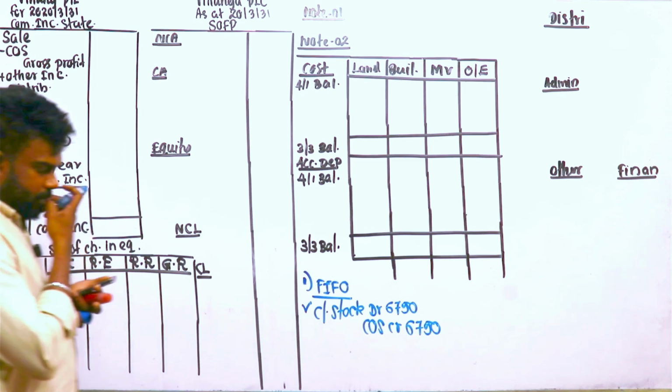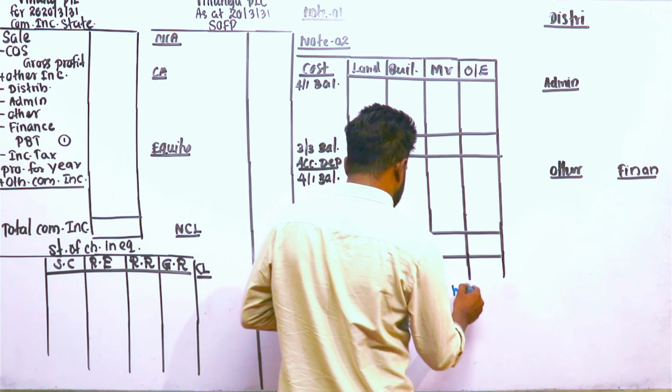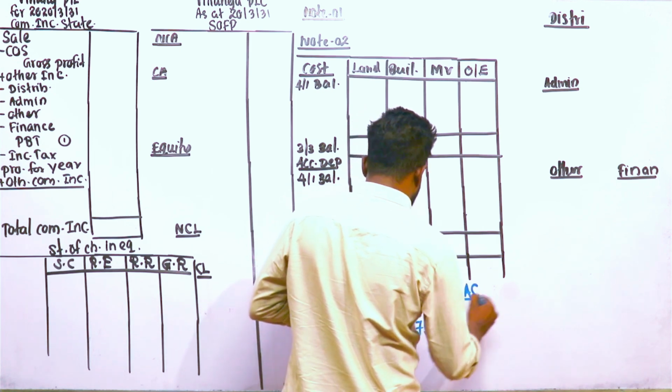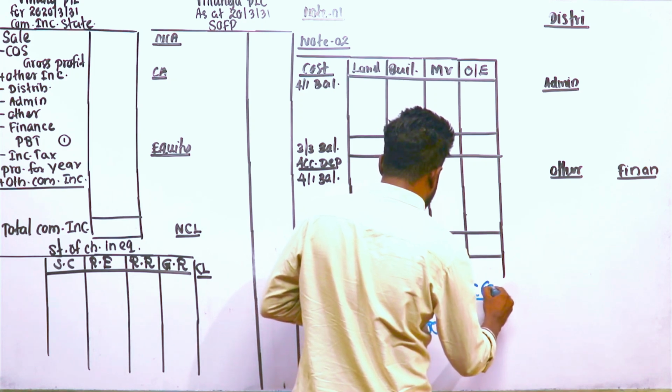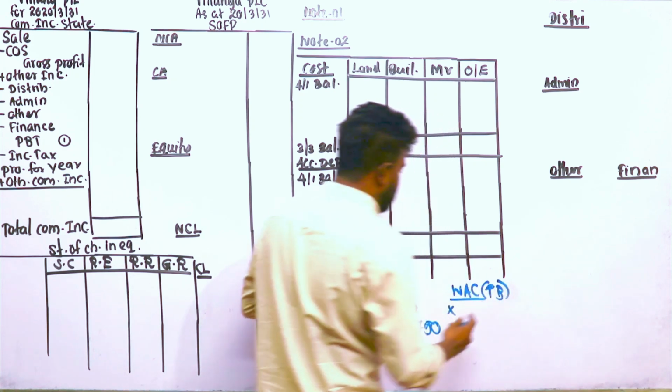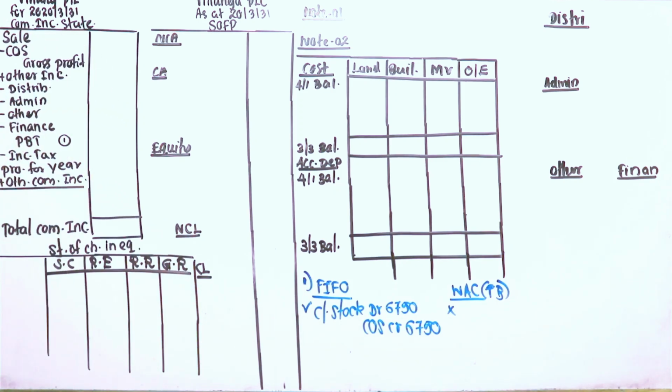But the incorrect double entry according to the WAC method, how much? Look at the trial balance. Can you tell me how much the closing inventory recorded in the TB is?